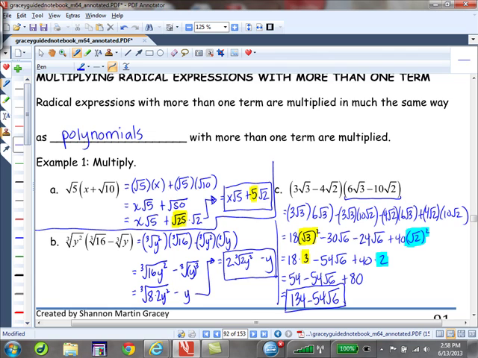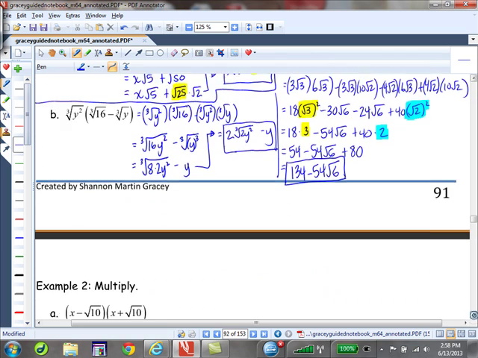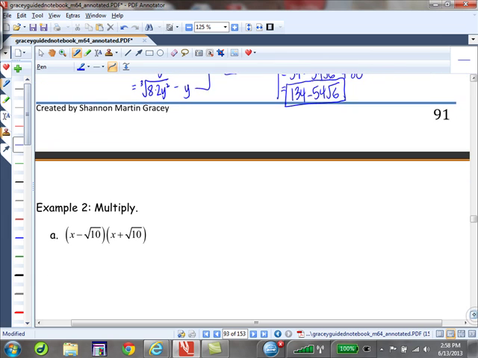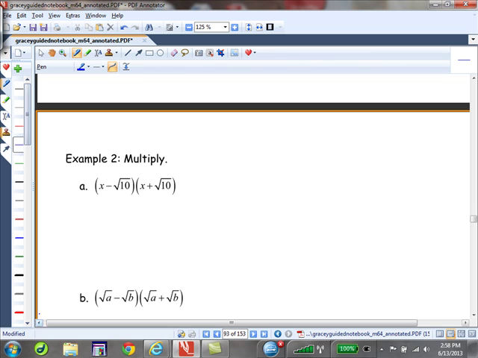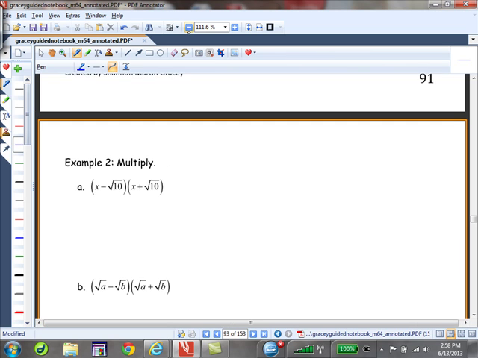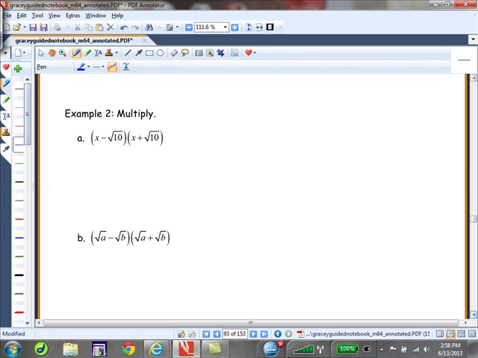All right, moving right along. Example 2. This one we're going to bring in some of the special multiplications. Let me make this a little smaller. That way we don't have to keep resizing it or scrolling. All right, so here do you guys see that we have, again, something that's going to result in a difference of squares?